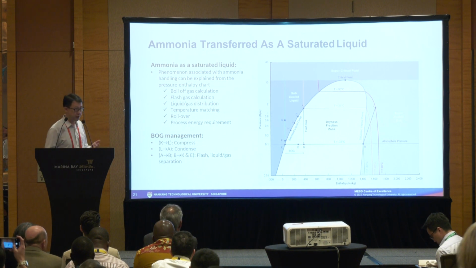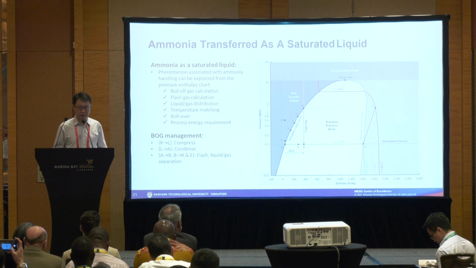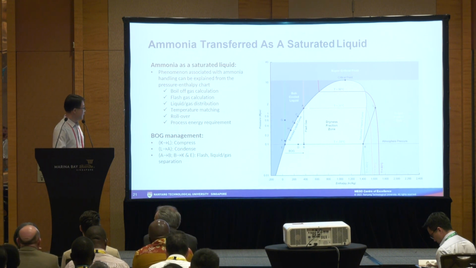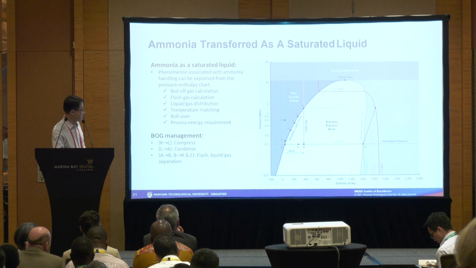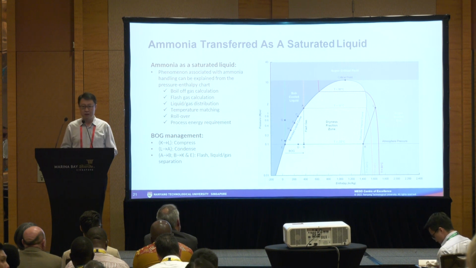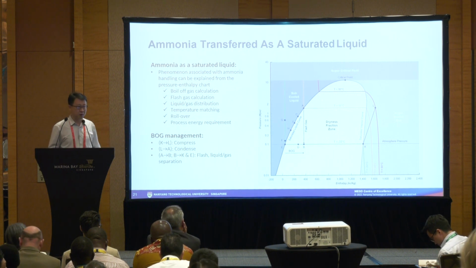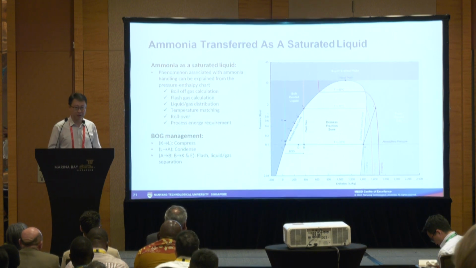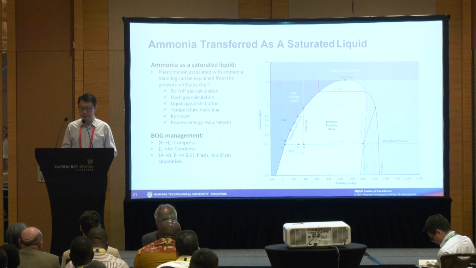I don't have to explain this in much detail, but do bear in mind that when we talk about ammonia transfer at different physical states, it follows this line, the saturated liquid line. So if you want to use a more professional term for ammonia, we always call it saturated liquid, regardless of what pressure it is being stored at.